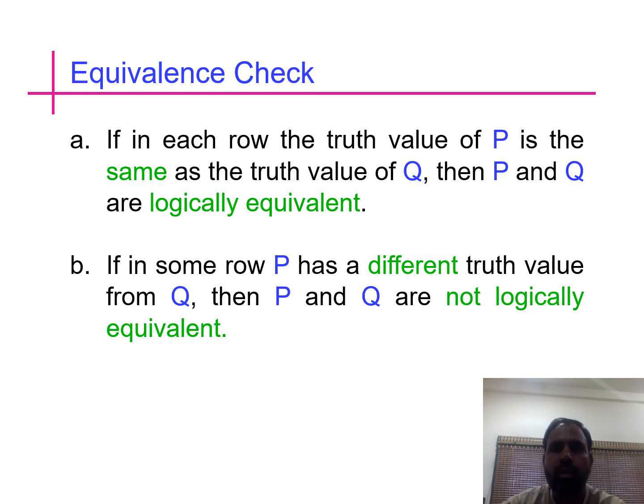And in the second step, if in some row P has a different truth value from Q, then P and Q are not logically equivalent. If they have different truth values, you can see that they are not logically equivalent. So this is the equivalence check.